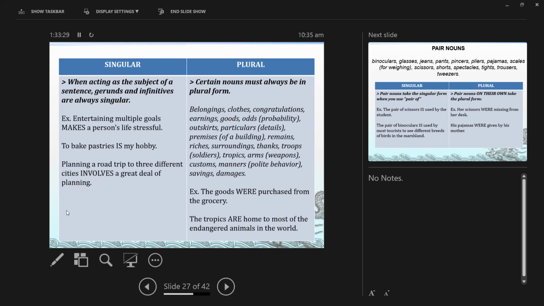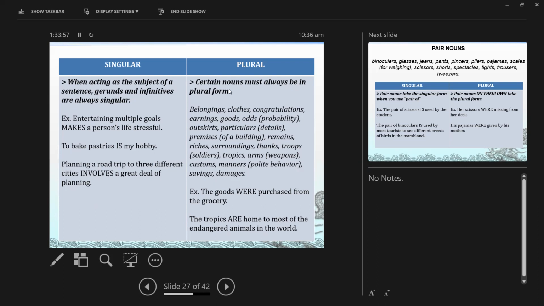Planning involves a great deal. Planning a road trip to 3 different cities involves a great deal of planning. Okay, do you understand? Gerunds are words with ing. They can be used as subjects in a sentence, as stated in the examples over here.